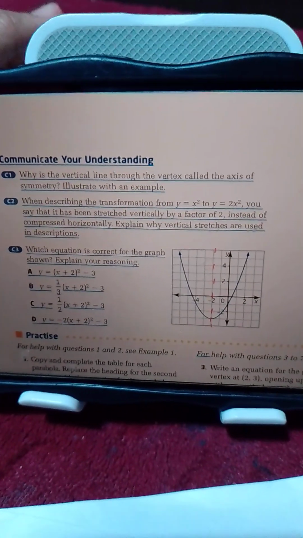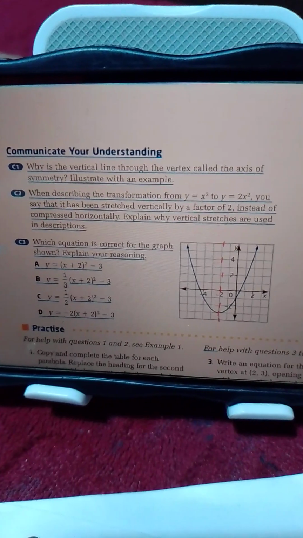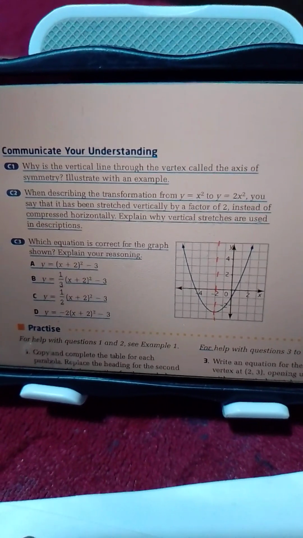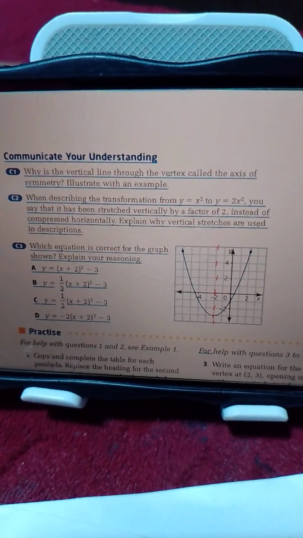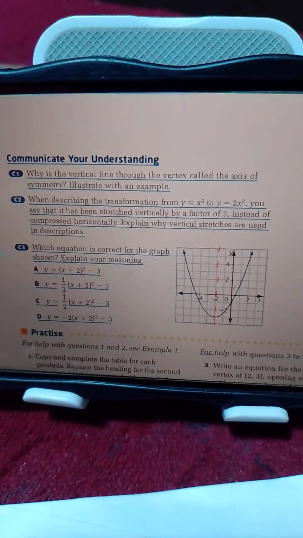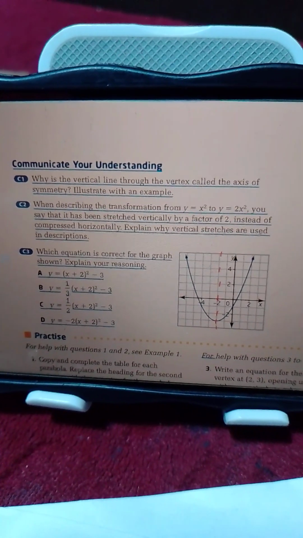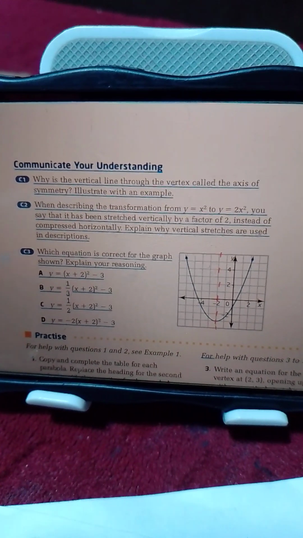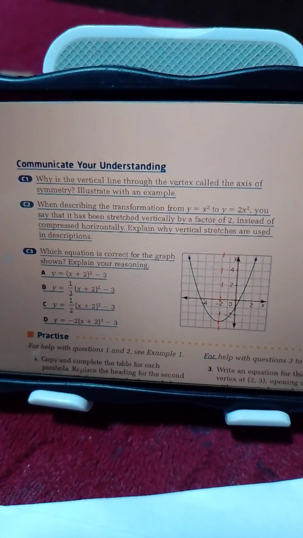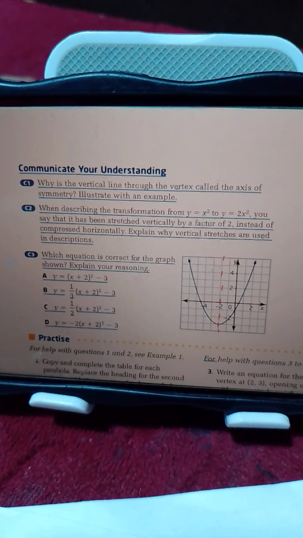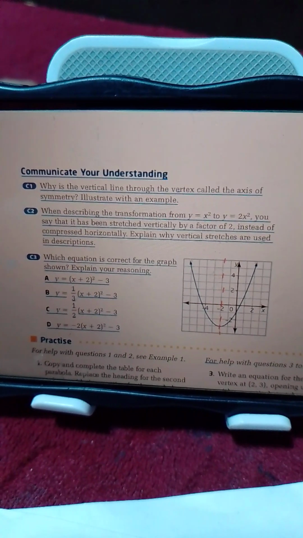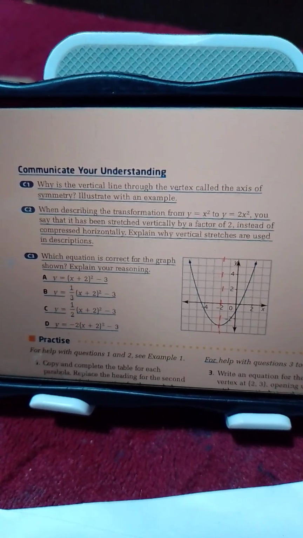When describing the transformation from y equals x squared to y equals 2x squared, you say that it has been stretched vertically by a factor of 2 instead of compressed horizontally. Explain why vertical stretches are used in descriptions.